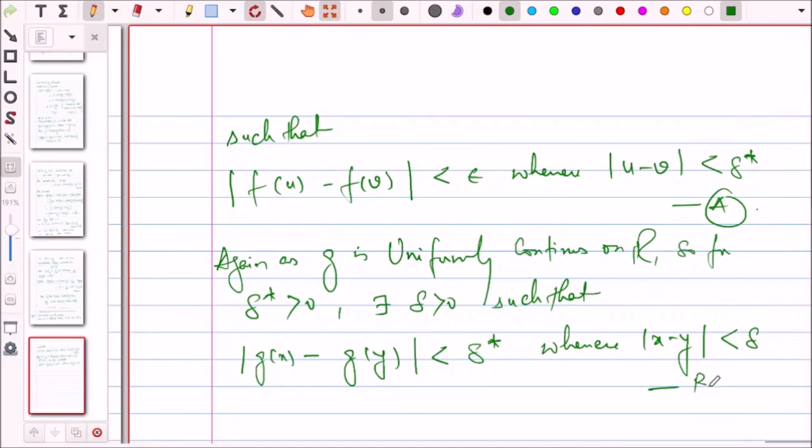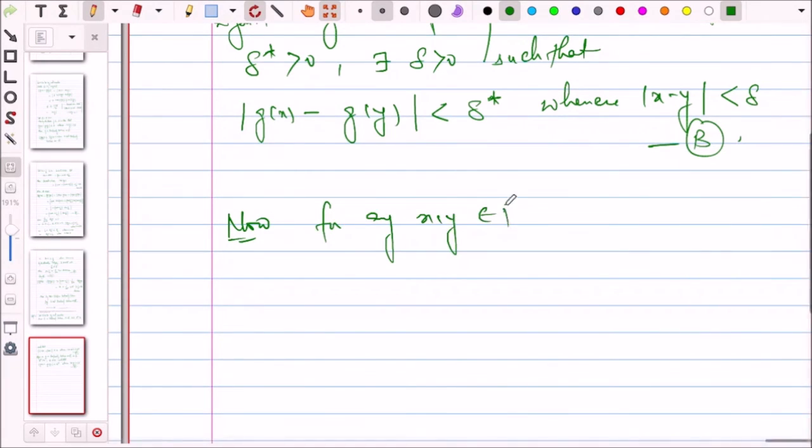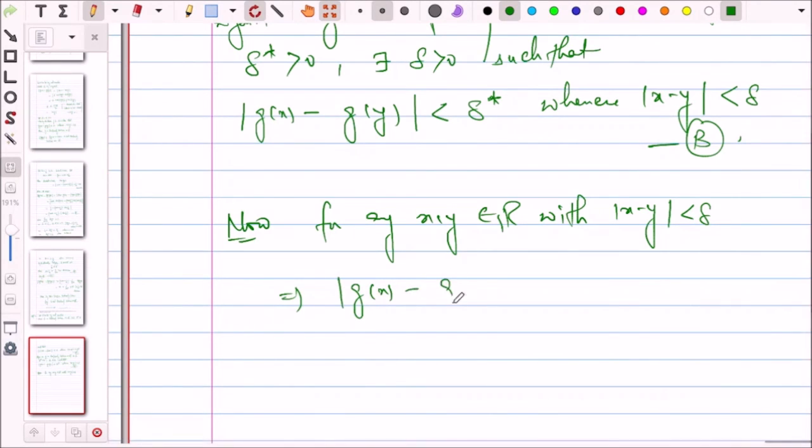Mark it as B. Now for any x, y belonging to R with |x minus y| less than delta, from B we will have |g(x) minus g(y)| less than delta star.